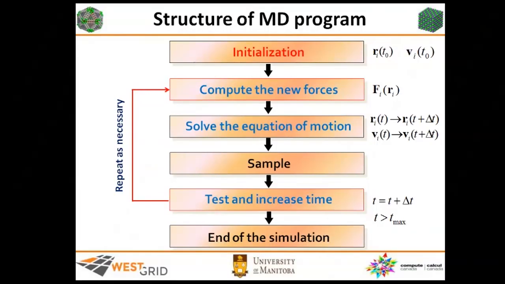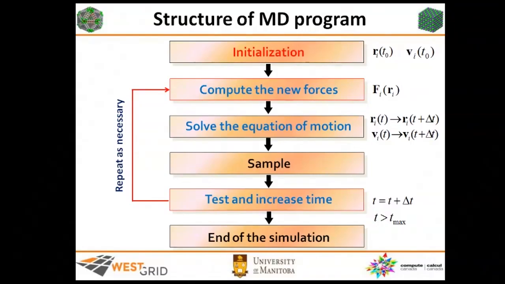Then you can increase the time and do the same thing, and you can repeat this loop as necessary. Once you reach the final time you want to simulate, I can just say the number of steps. So, for example, I can do simulation for 1 million steps, then I stop the simulation.